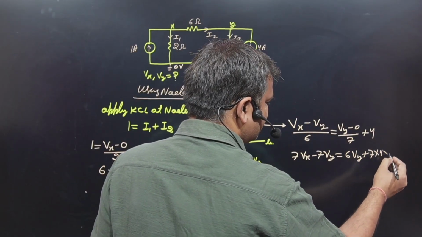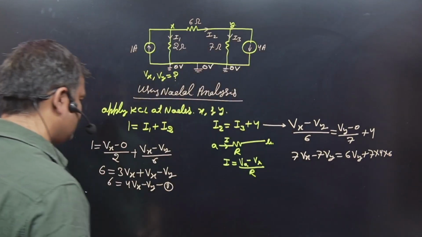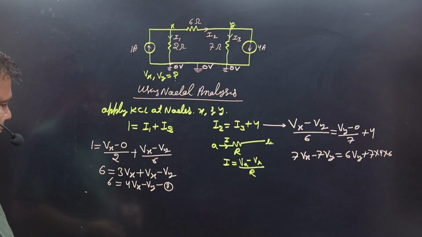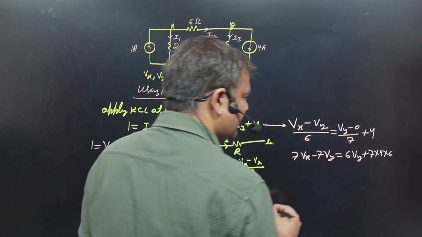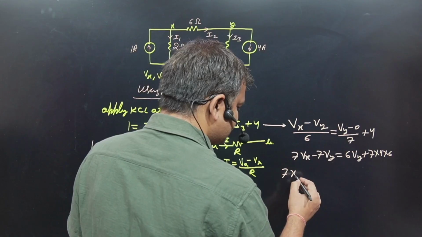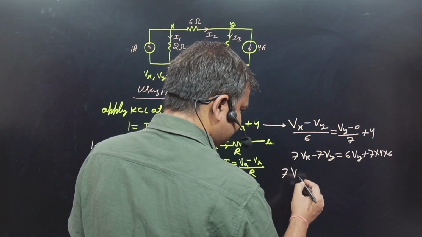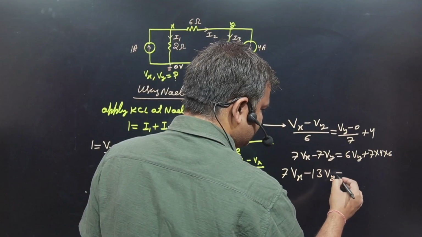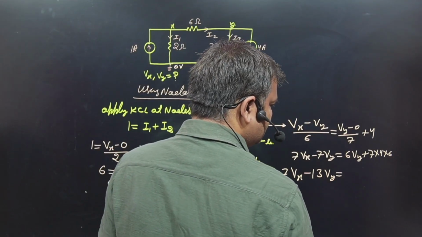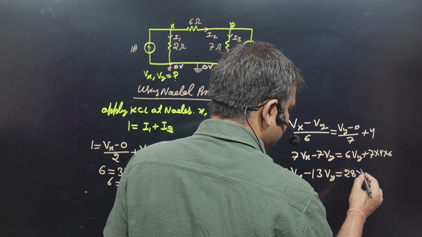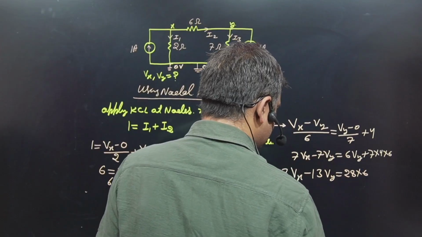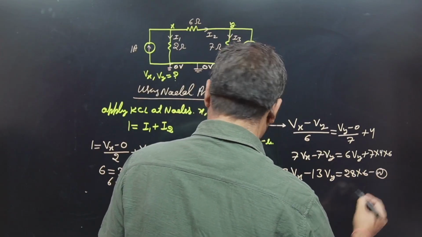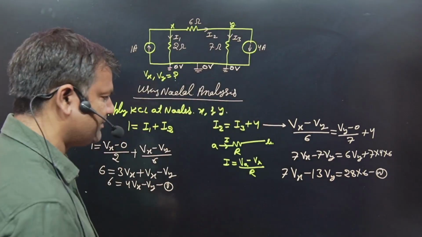So 7Vx minus 13Vy equals 28 into 6. This is equation number 2, and the earlier one is equation number 1.